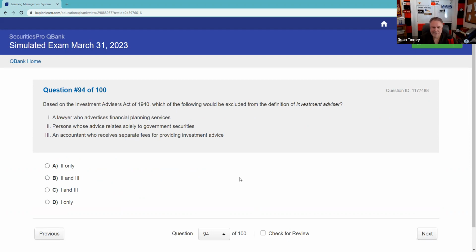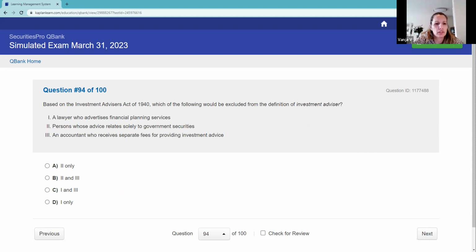You got it. Based on the Investment Advisers Act of 1940, which of the following would be excluded from the definition of an investment advisor? A lawyer who advertises financial planning services, a person whose advice relates solely to government securities, an accountant who receives separate fees for providing investment advice.